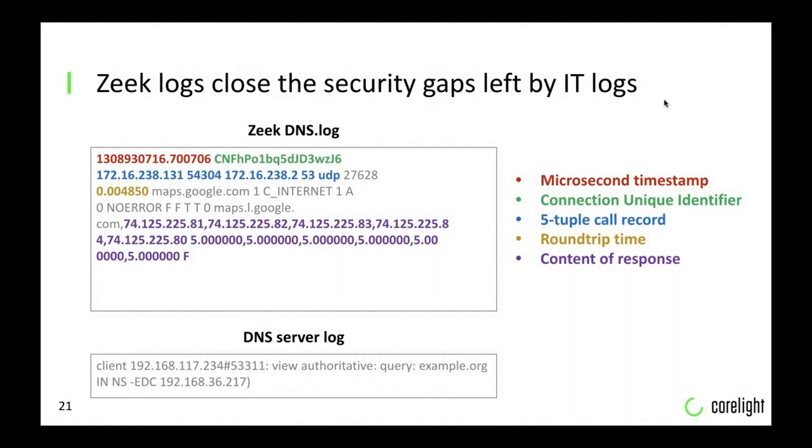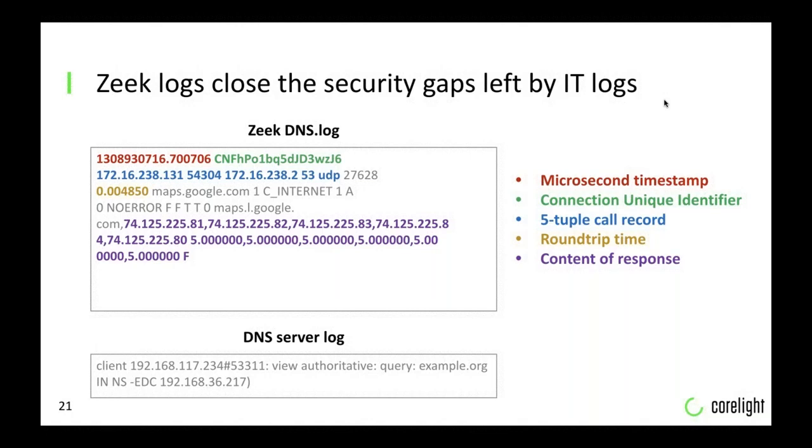I'll highlight one thing here that you might not realize. Many DNS server logs don't actually capture the content of the response to the DNS query because it's not useful typically in an IT NPM troubleshooting context, right, from the IT side of the house. But security, we need to know what the content of that response is because that could be somebody abusing DNS as a C2 vehicle, right?